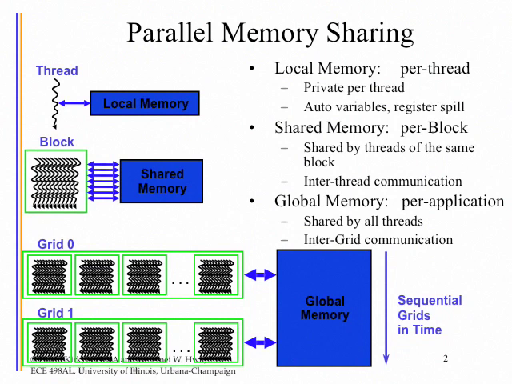And within the block, the access is mostly to shared memory in the sense that it's very fast, it's a local scratch pad, and it's also a very convenient data exchange mechanism within the block. Within the grid, all the blocks will access global memory. And then before you go to the next grid, the global memory will settle and be consistent again. And then grid 1 can see all the data from grid 0. So that's global memory.